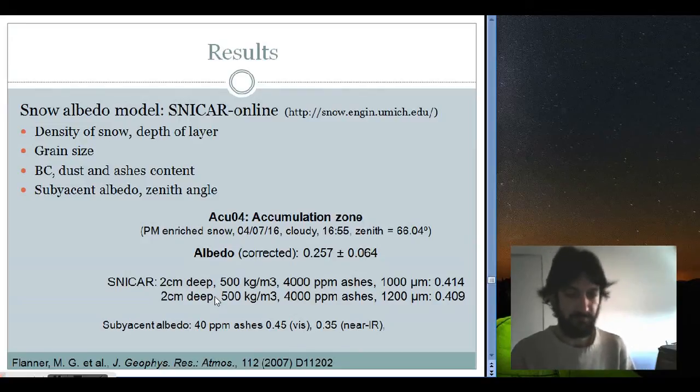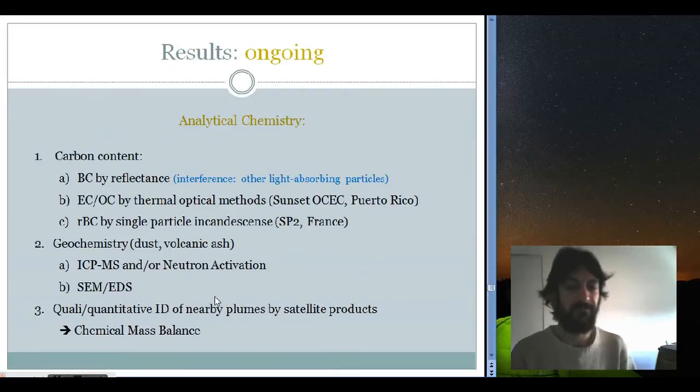Very well. What's left? We need to measure the analytical chemistry of this particulate matter we collected on filters, so we have many measurements to perform.